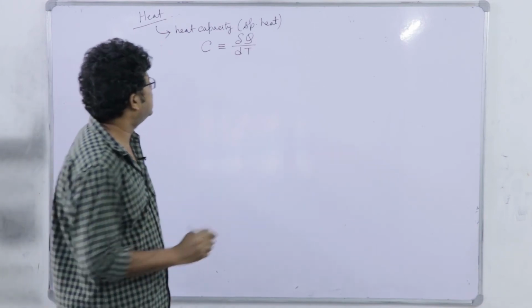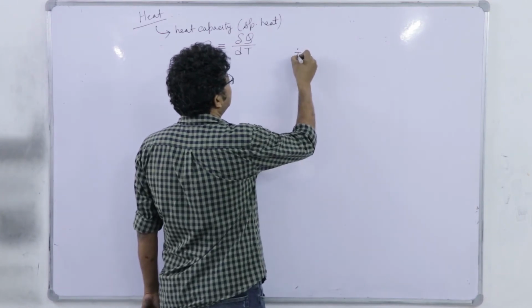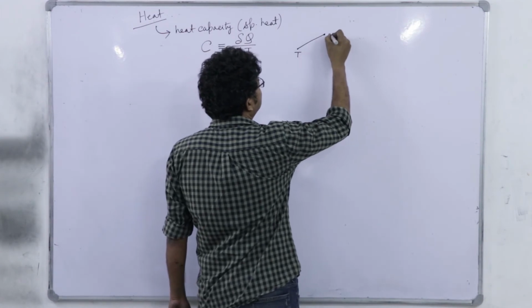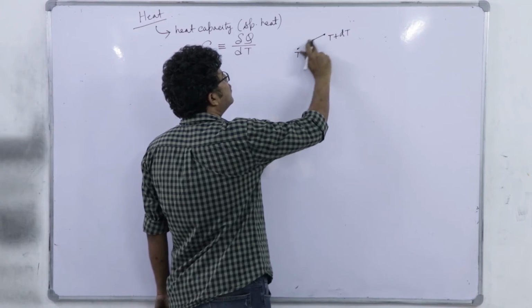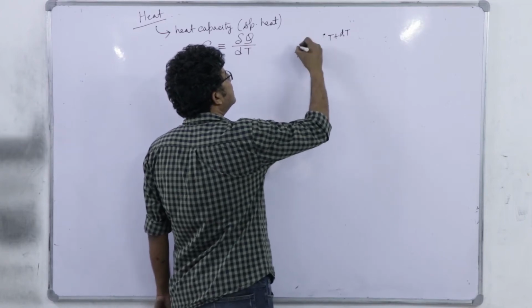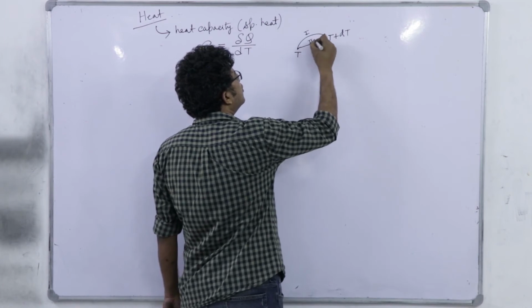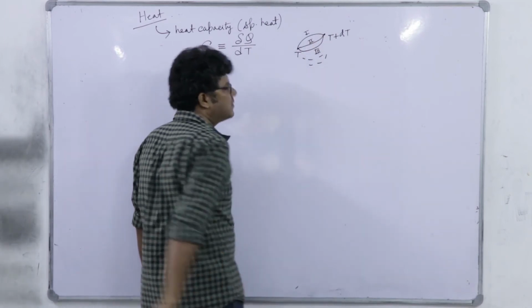However, there is a point. You are initially here with temperature T. You are changing the state of that material to temperature T plus dT. Now you can proceed by path 1, path 2, path 3. There are infinitely many paths possible.